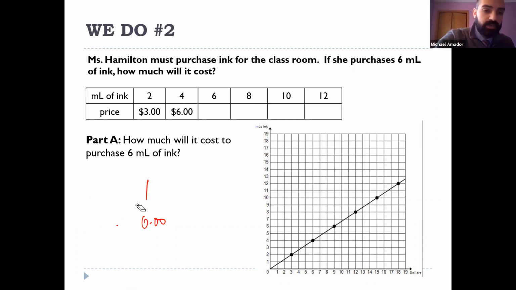So I already revealed the first step here. We know that 2 milliliters is $3. 4 milliliters is going to be $6. Josue, go ahead and fill out 6 and 8 for us. 6 will be $9.